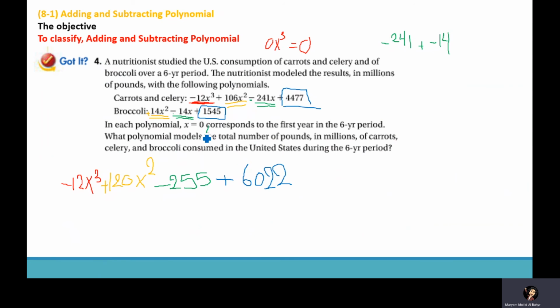So that's it. It's really simple. It's really easy if you focus and do it step by step. I don't care if you write it horizontally or vertically, if you just do the same way that I did, it is up to you.